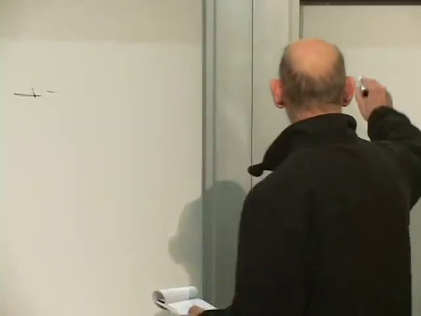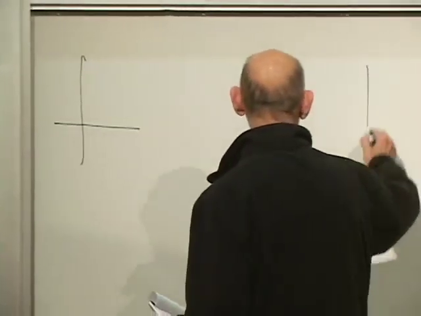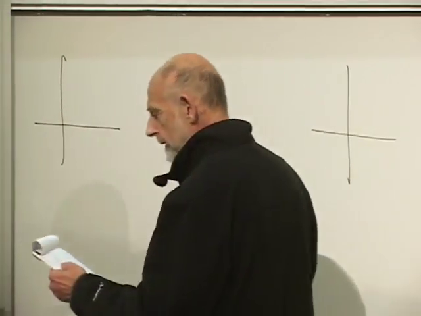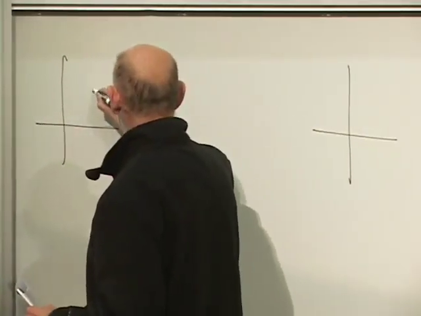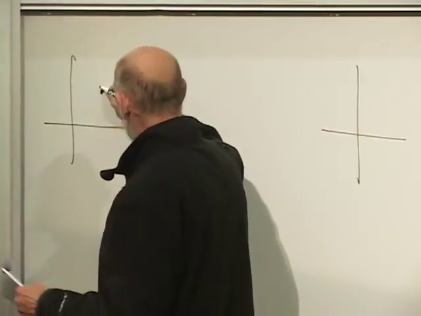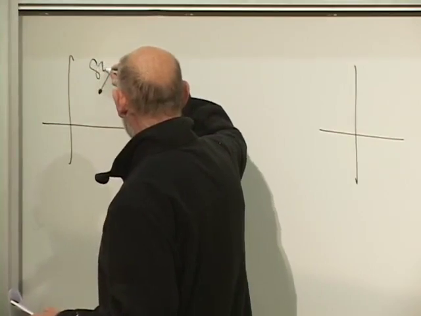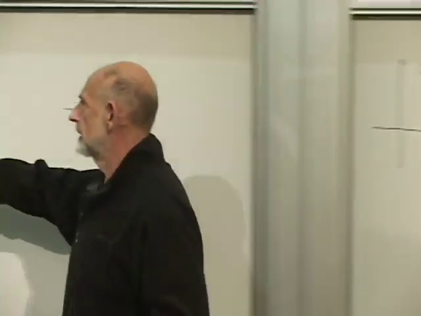All right, now what we're going to do is go back to the z and w planes. Here's the z plane. Here's the w plane. And let's take, starting at that point, let's construct two little intervals. One of them I'll call delta z. It's the same as this over here.